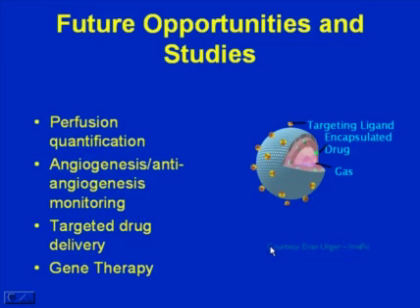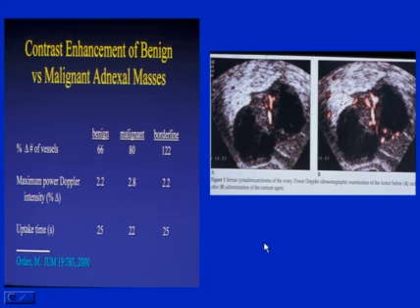Now, there are many applications of microbubbles, including the therapeutic potential for targeting the microbubble to a certain receptor, to having drug encapsulated in a microbubble, improving gene transfection, for example. Now, getting back to contrast in the ovary, there have been several studies.